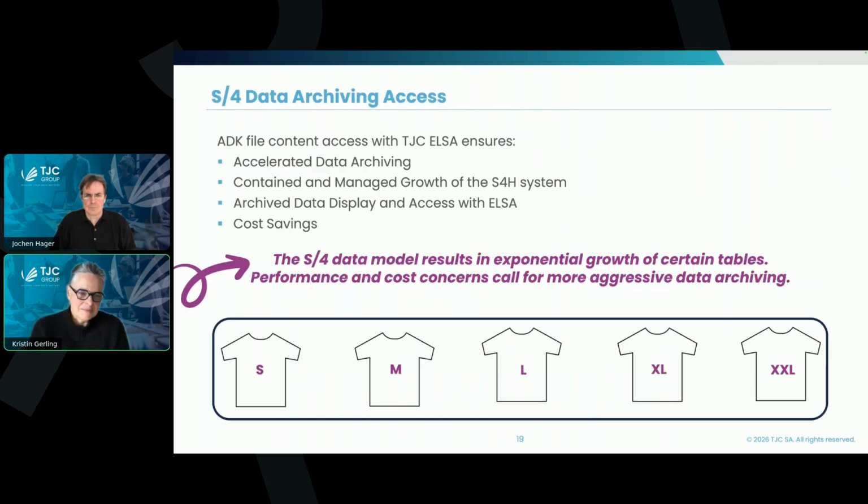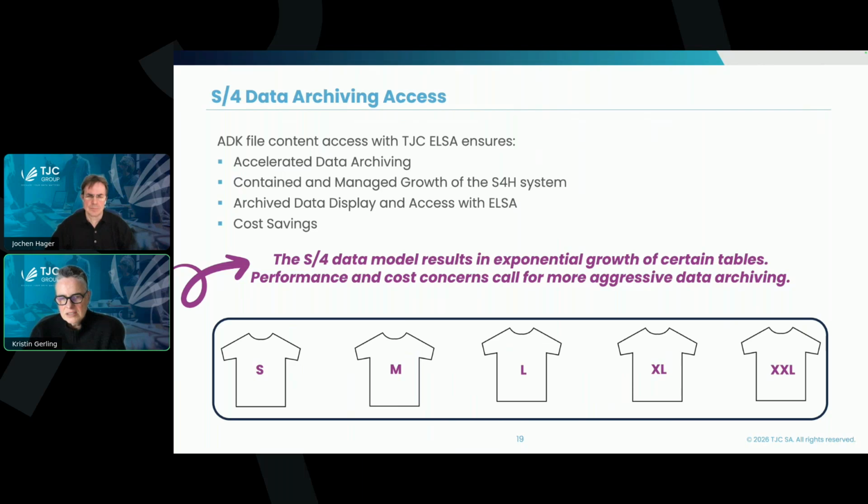The next one really affects our RISE customers that are transitioning to RISE. The new data model comes with changes in certain tables that then result in exponential table growth and performance impacts.